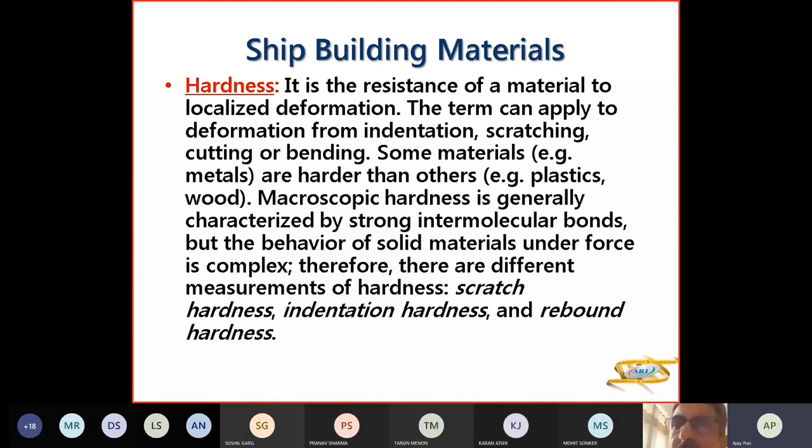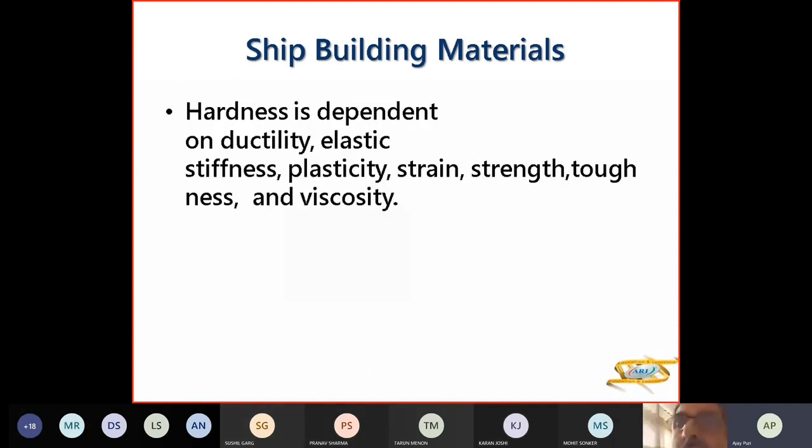Indentation hardness means you can't make an indent with your ball bearing. Then there is rebound hardness, which is also known for your mattresses. When you sit on it, it is going to rebound. Hardness depends on ductility, elastic stiffness, plasticity, strain, strength, toughness, and viscosity.